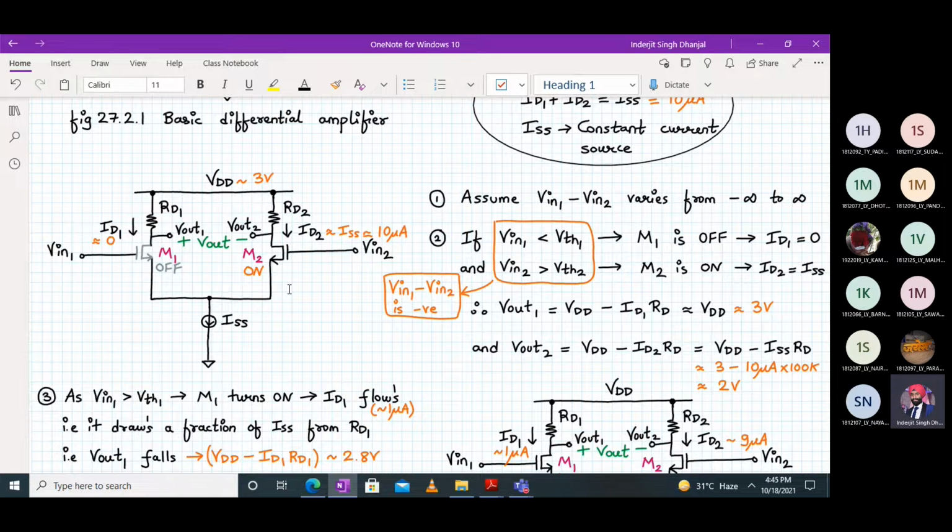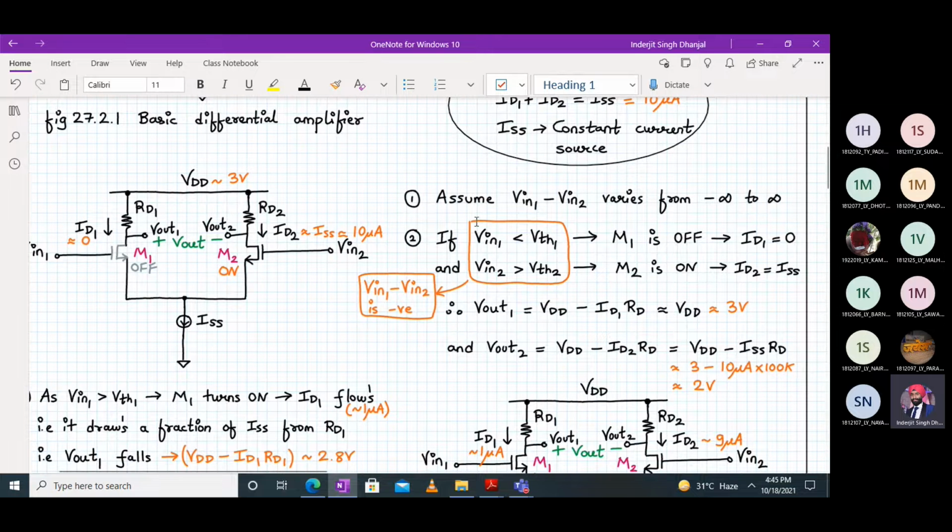When we say Vin1 minus Vin2 is negative, it means Vin1 is very small and Vin2 is bigger. Let's say Vin1 is very small and smaller than the threshold voltage VTH1 of the M1 transistor.